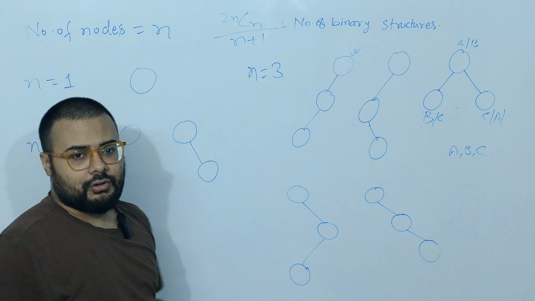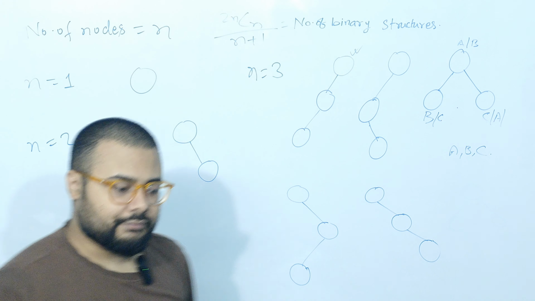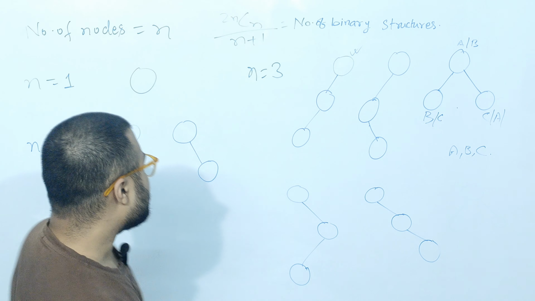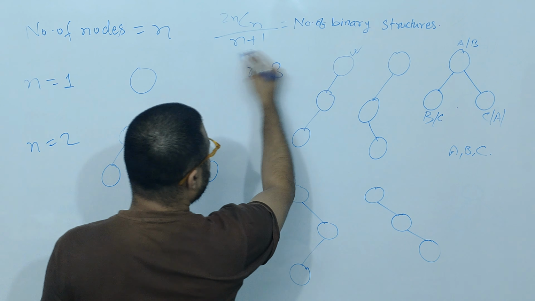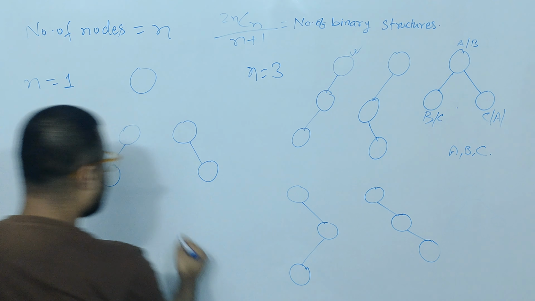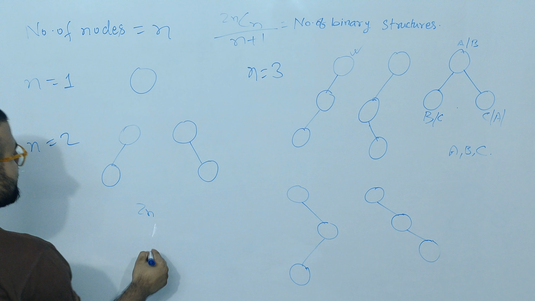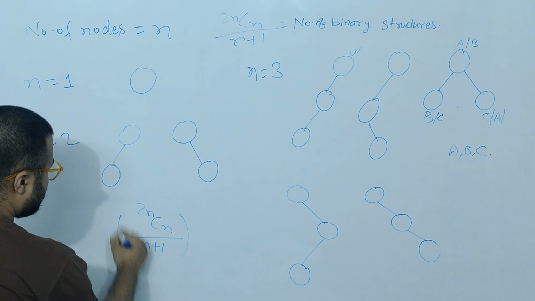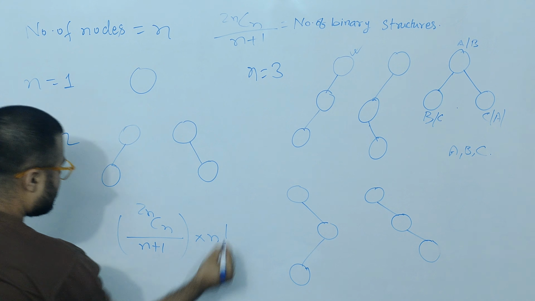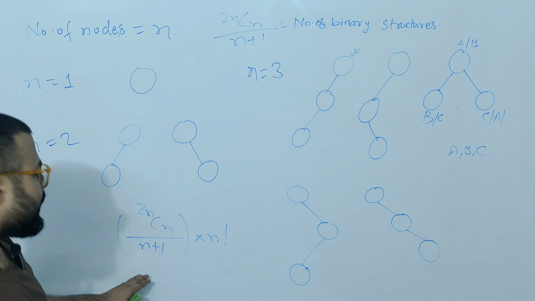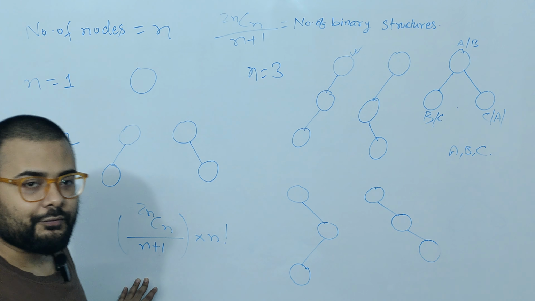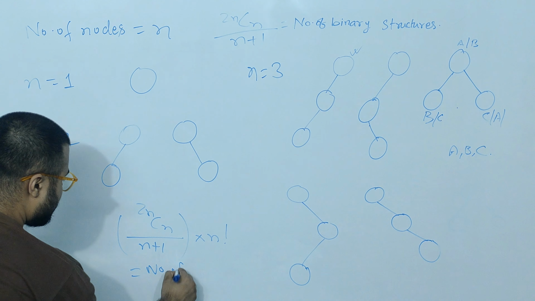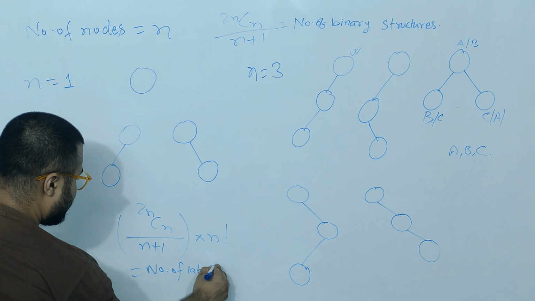And if you want to ask how many different binary trees are possible when you have to label them also, then it will be 2n choose n divided by n plus 1, into n factorial. Okay, this is the number of labeled binary trees.